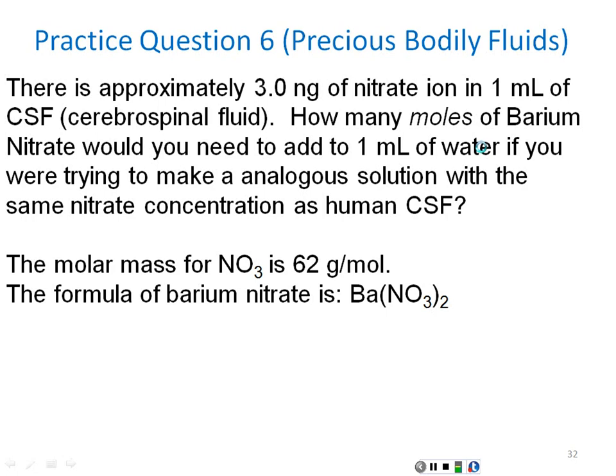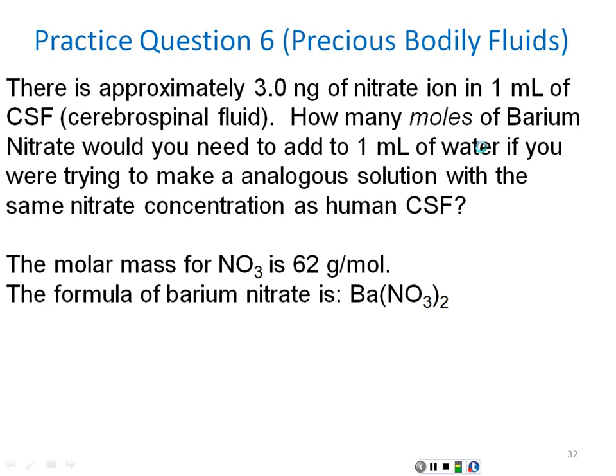All right. Question 6, another precious bodily fluids question. There's approximately 3 nanograms of nitrate ion in 1 milliliter of CSF, which stands for cerebrospinal fluid. How many moles of barium nitrate would you need to add to 1 milliliter of water if you were trying to make a solution with the same nitrate concentration as human CSF?